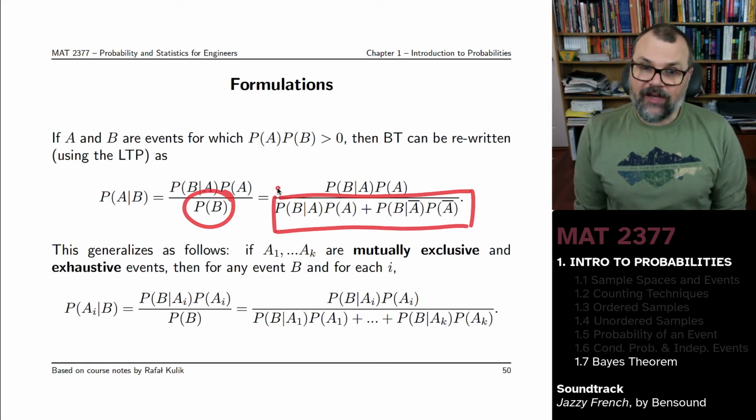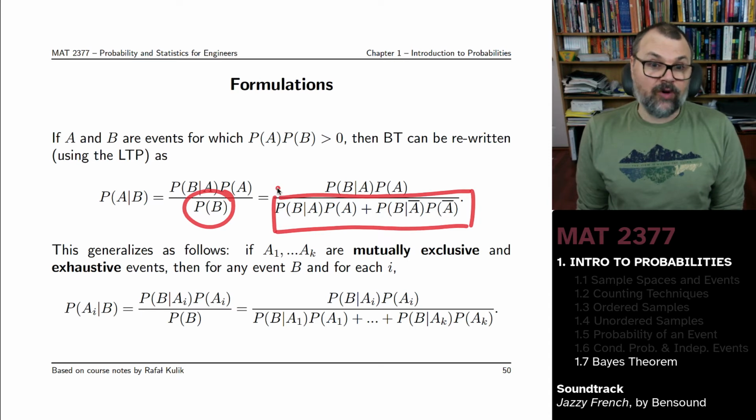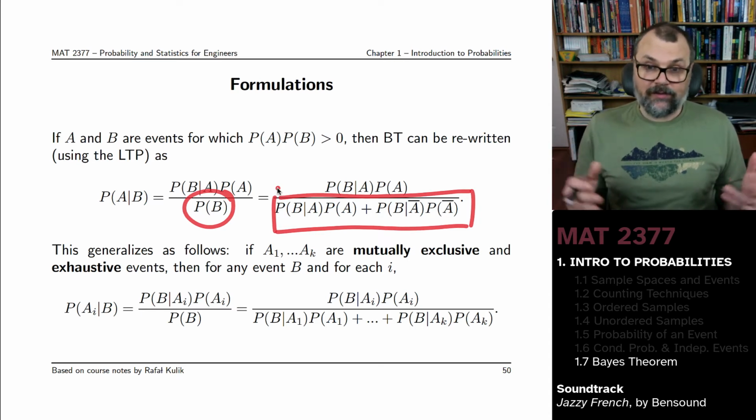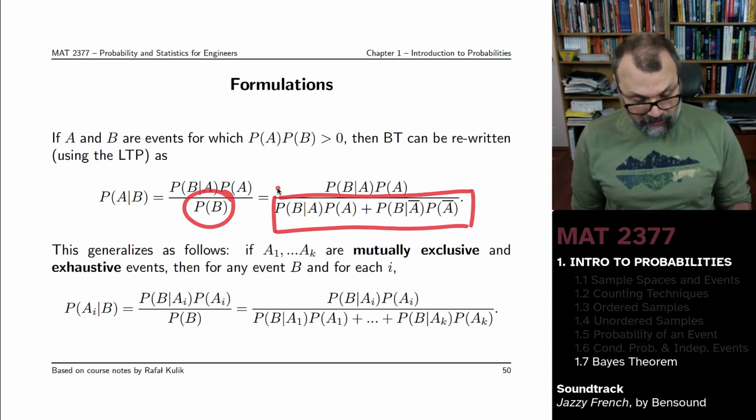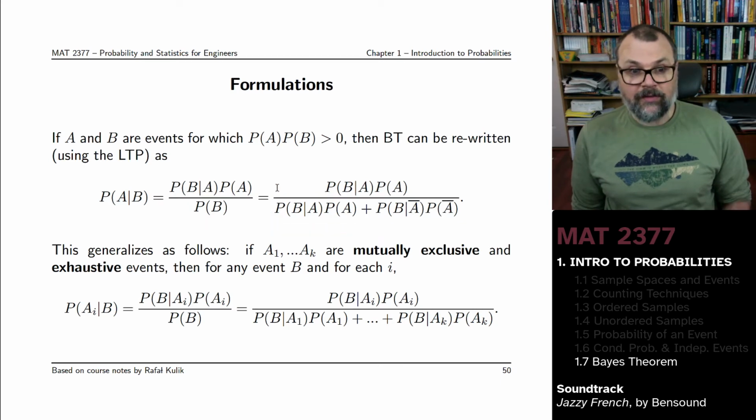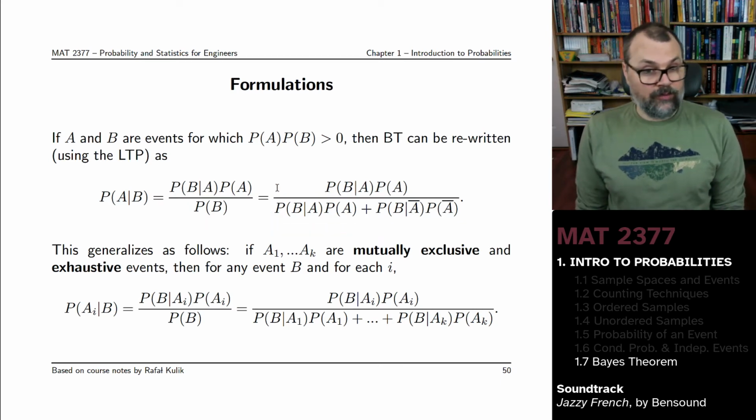Now this generalizes, of course, if you have more than two events. As long as all these events are mutually exclusive and cover all possibilities, so mutually exclusive and exhaustive, then you can write Bayes' theorem as follows.